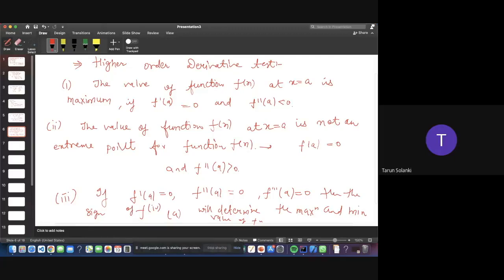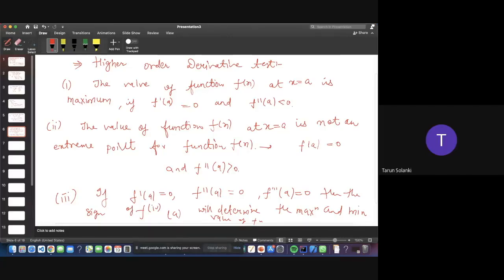Okay, means if f x is maximum, then the fourth derivative at a is less than 0, and if it's minimum, then the fourth derivative at a is greater than 0.